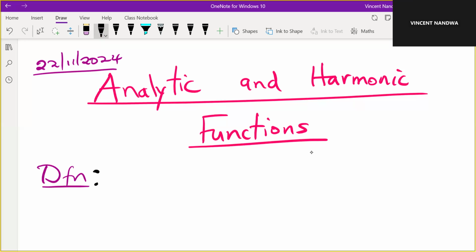Okay, good. So we started by defining what we mean by an analytic function.